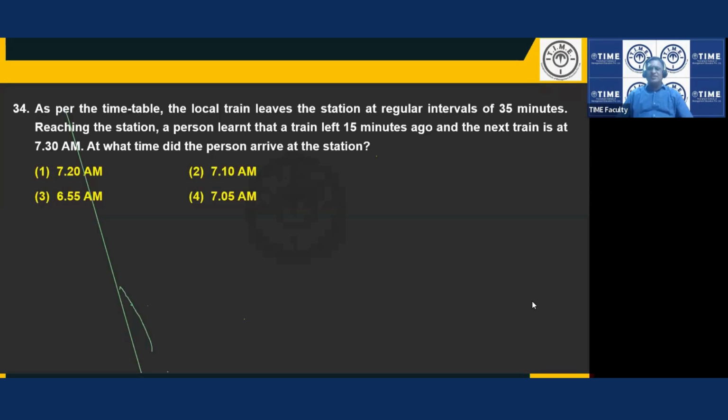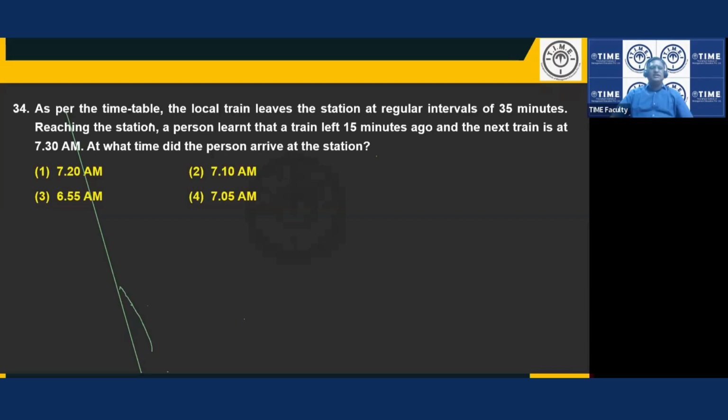Yeah, it's actually very simple. Almost everyone has experienced this situation: when you went to the railway station and asked the enquiry man when your train will come, they will respond and you calculate your timing. So finally, simple. This is a situation we have already experienced in our life.